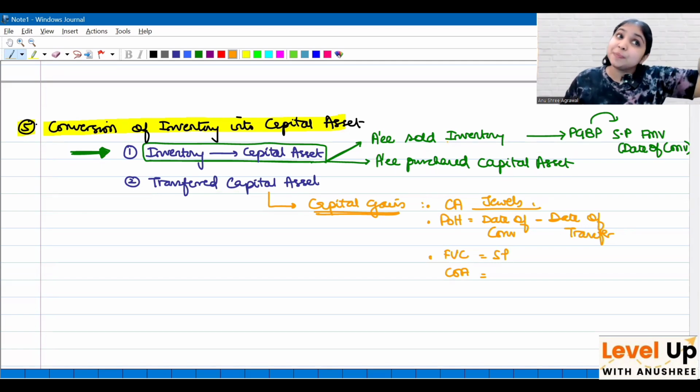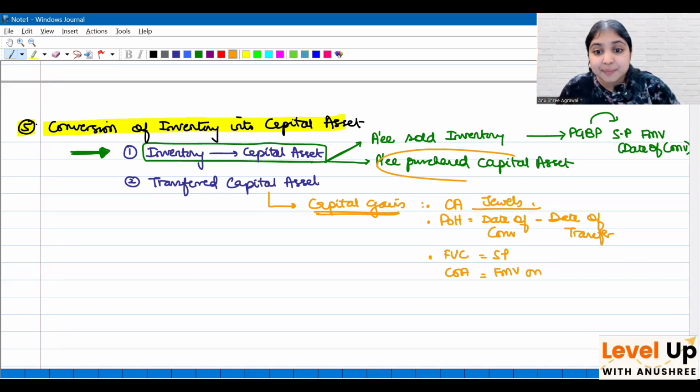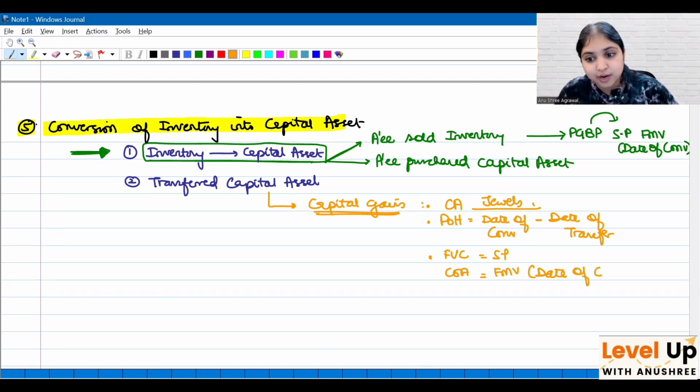So had you purchased the capital asset on the date of conversion, for how much would you have purchased? You would have gone to the market and you would have paid FMV, guys. FMV on which date? When are you purchasing? I'm assuming you're purchasing upon conversion. So cost of acquisition will be FMV on the date of conversion.